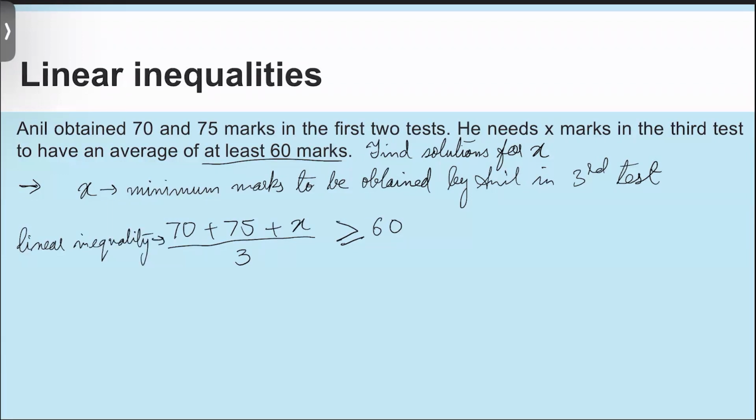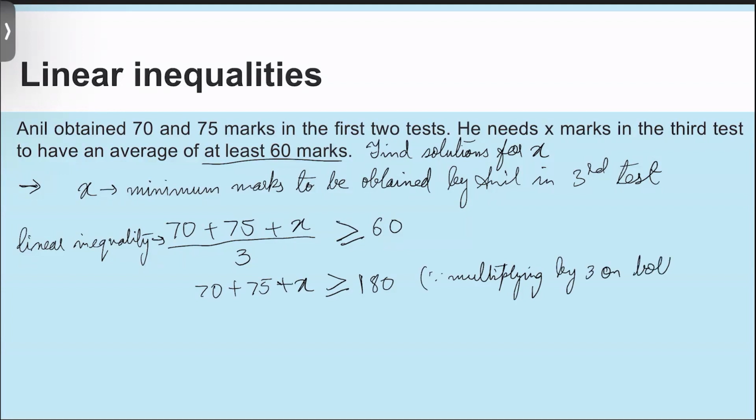Now, if you multiply both sides by 3, what you get is 70 plus 75 plus X, as the 3 and 3 get cancelled. So you get 60 into 3, that is 180, multiplying by 3 on both sides. Okay, so this is what we get.